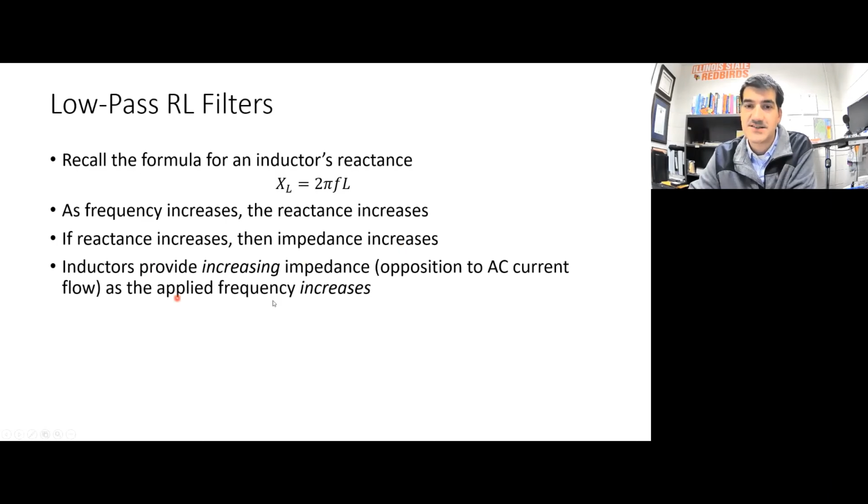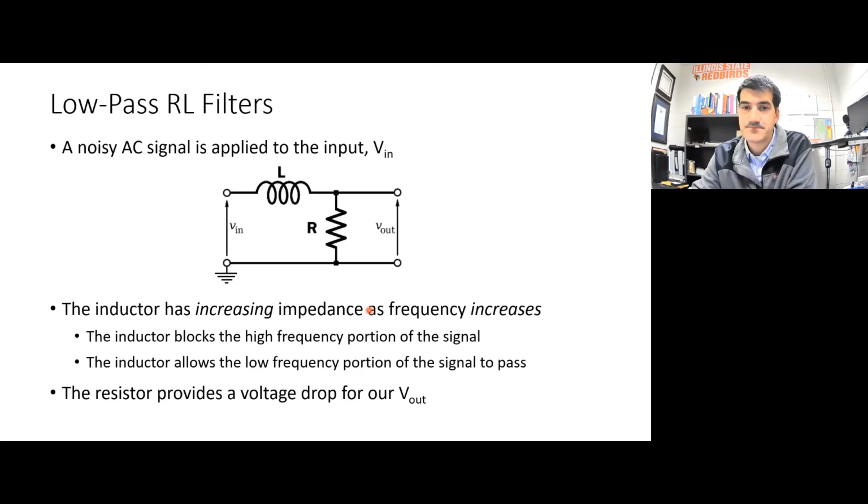We can summarize that by this last statement. Inductors provide an increasing impedance, which is an opposition to AC current flow, as the frequency of the applied signal increases. So it does not want to allow high frequency signals through it, but it does easily allow low frequency signals through it.